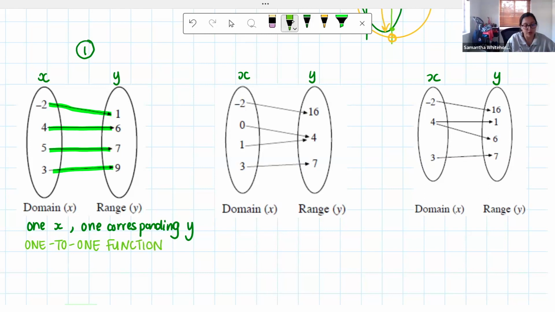Right, now, an example of this would be something like a basic straight line. So if we drew our straight line, there we go. For every single x input, I get one corresponding output. There is never a double up. Okay, so these are your graphs where for every one input that you have, you get one single output.